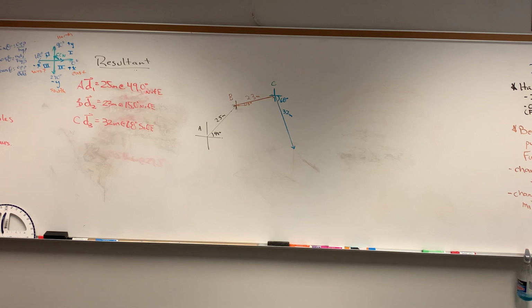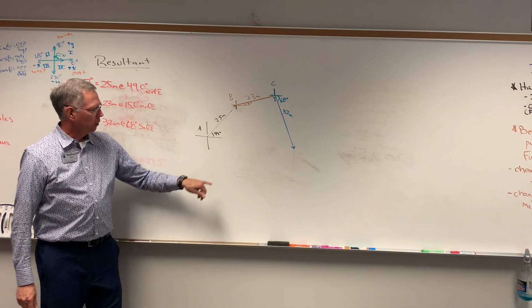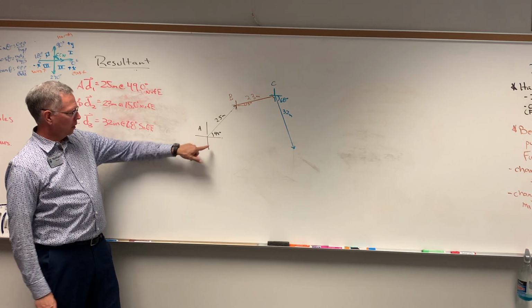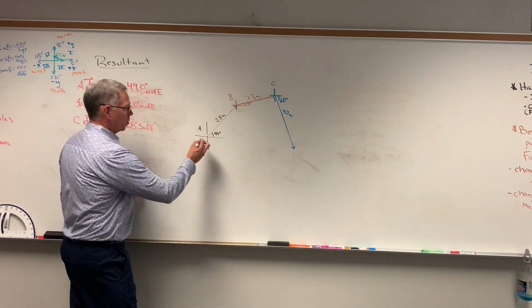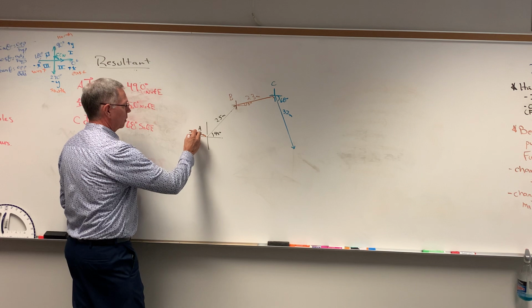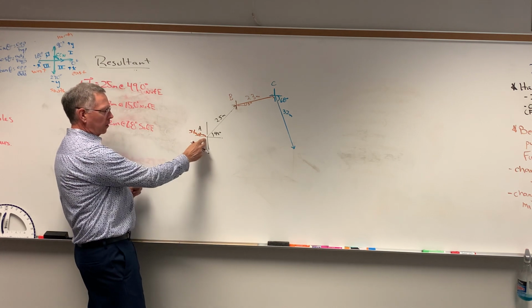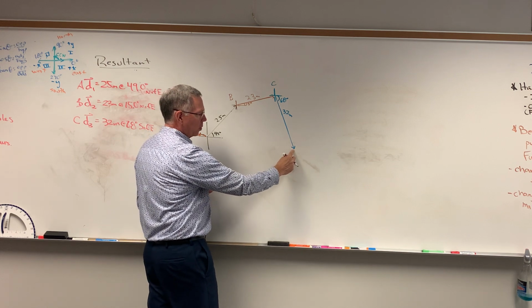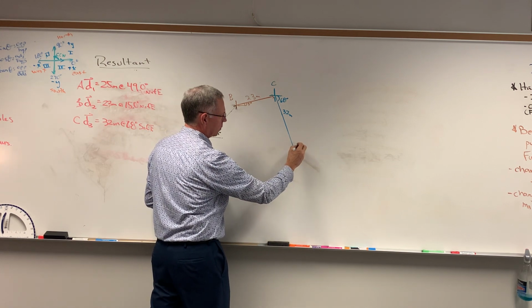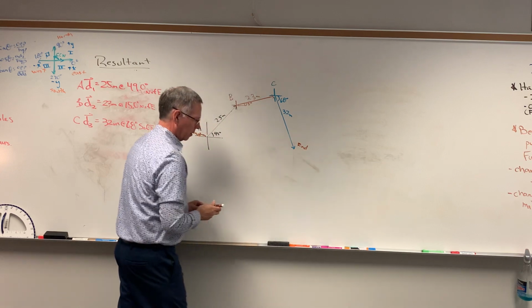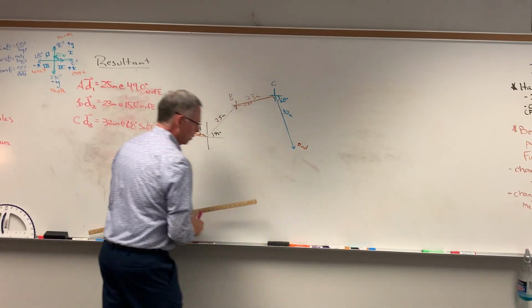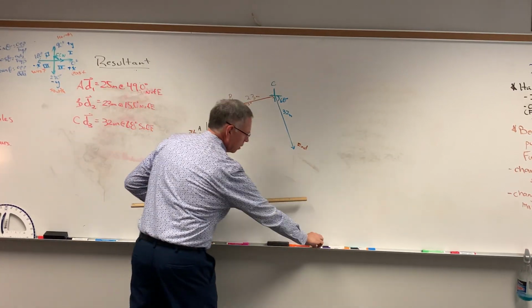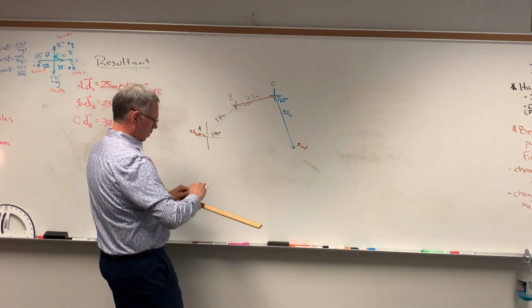So now we need to find the resultant. How do we find the resultant? Well, the resultant is drawn from our starting point, the tail of the first vector, and we draw it to our ending point, the head of our third vector. So that's where we draw our resultant.